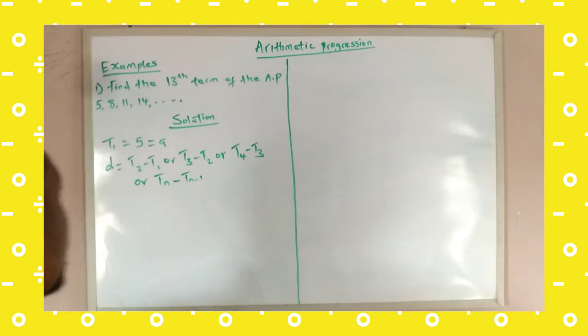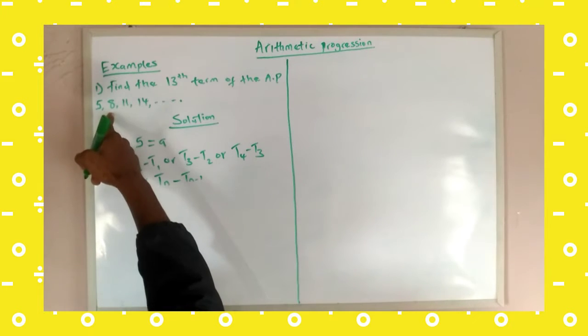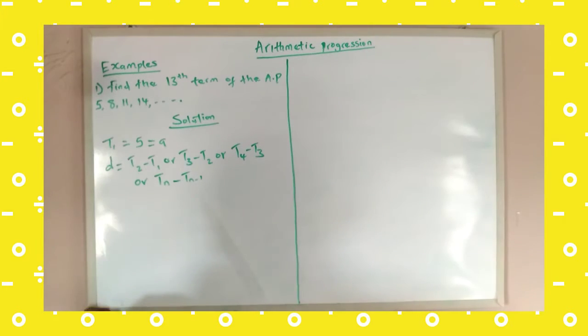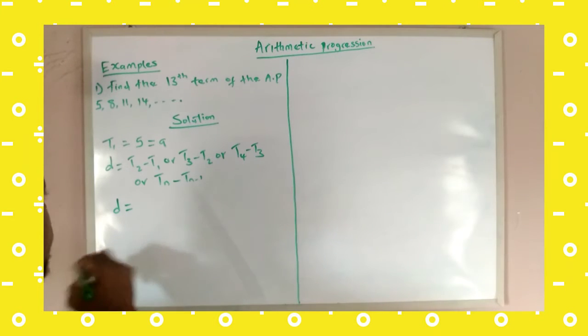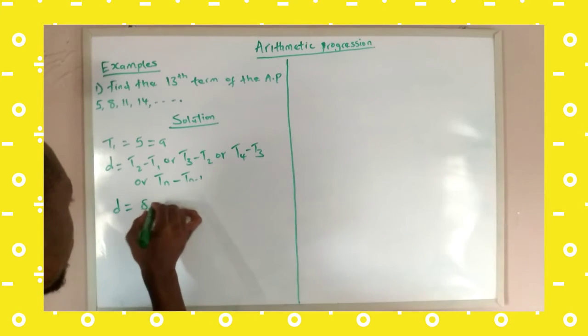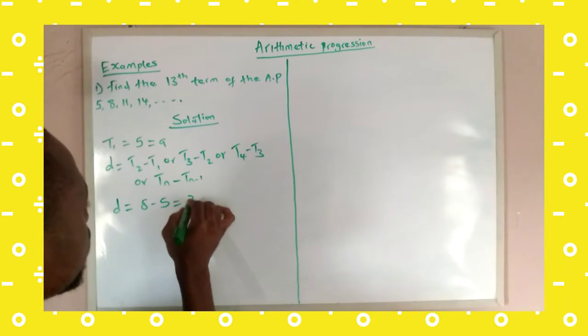So here 8 is our second term and 5 is our first term. So we have our common difference D equal to 8 minus 5, and that gives us 3.